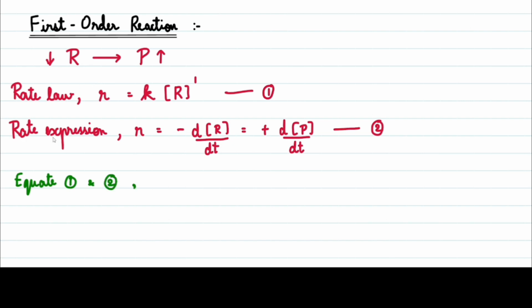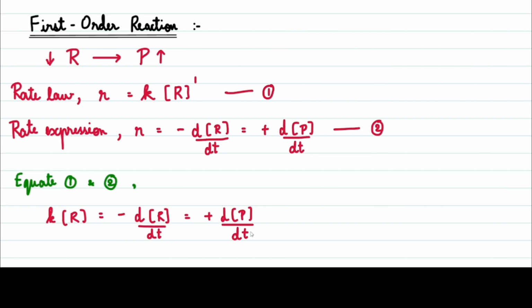So what we will get by equating? k into concentration of R to the power 1 equal to minus dR by dt equal to plus d of P by dt.